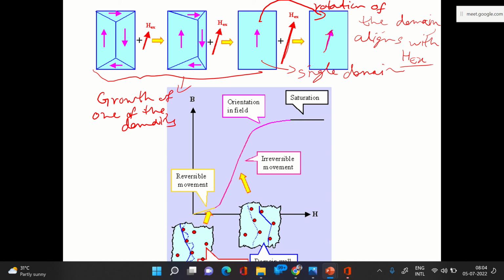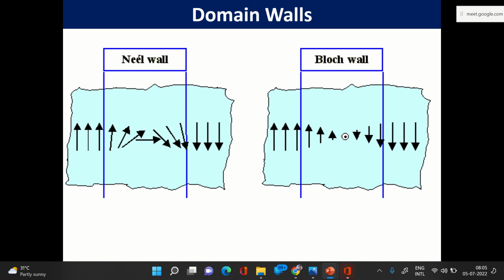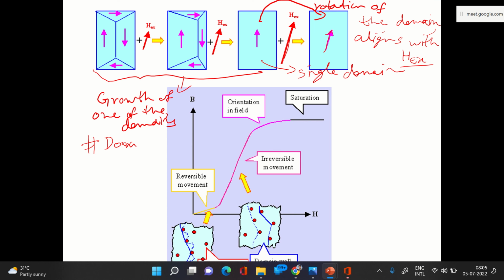Here we are also observing domain wall motion. So this has happened: the domain wall moves, the boundary changes, so domain wall motion.